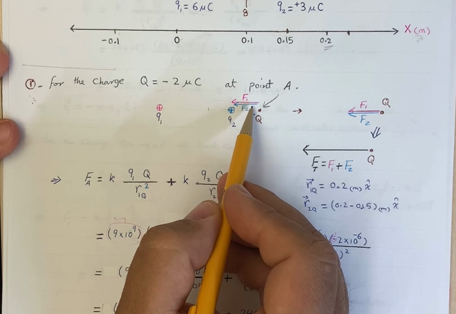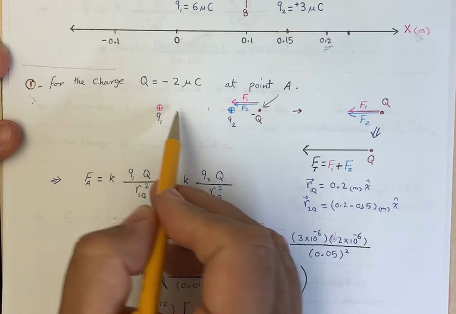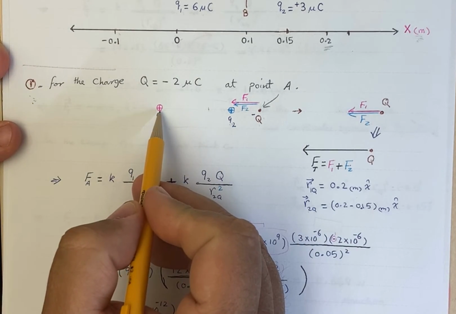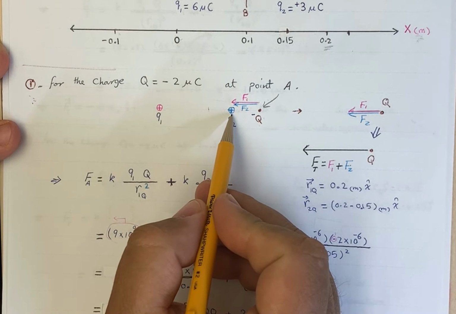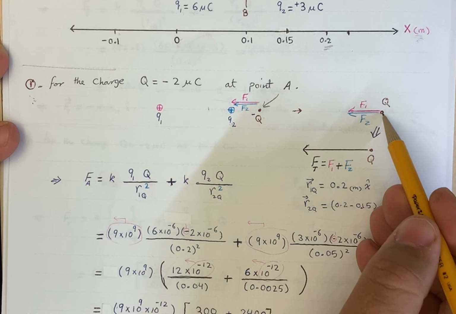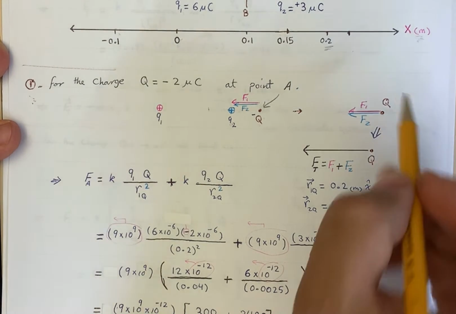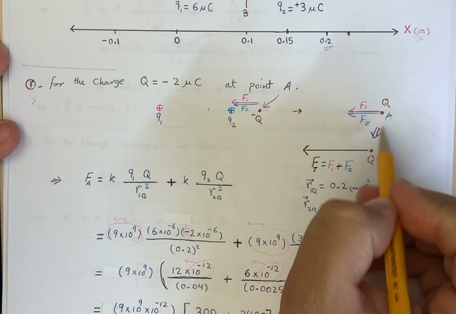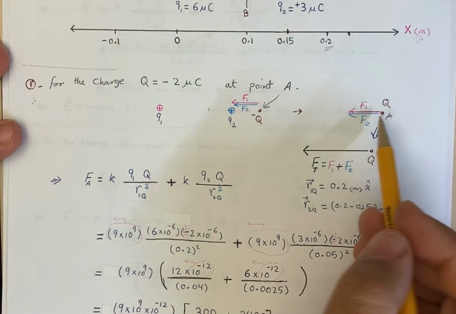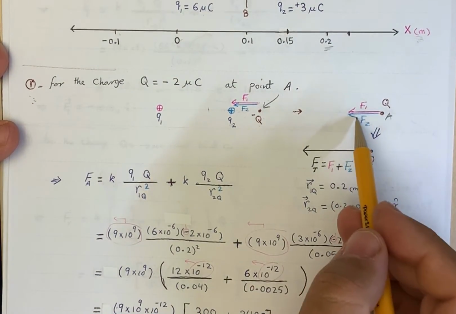So I name them F1 to the left, which is the direction of the attraction force toward Q1, and the second force is an attraction to the left too. We have the charge Q at point A, and there are two forces to the left in the same direction.